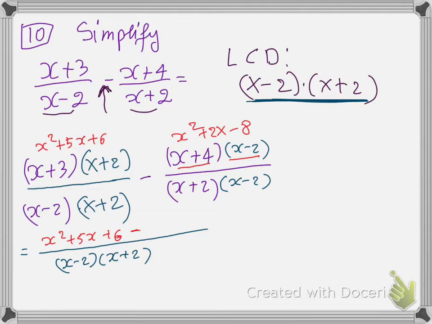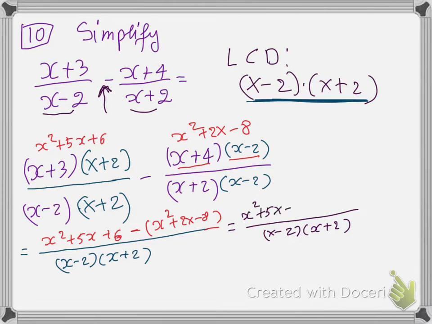Since I'm subtracting, I'm going to put the second quadratic expression in parentheses so I don't mess up my negative signs. x squared plus 2x minus 8. So bring over the denominator, and the numerator we're going to have x squared plus 5x plus 6.